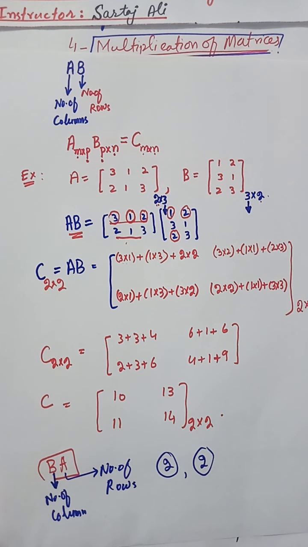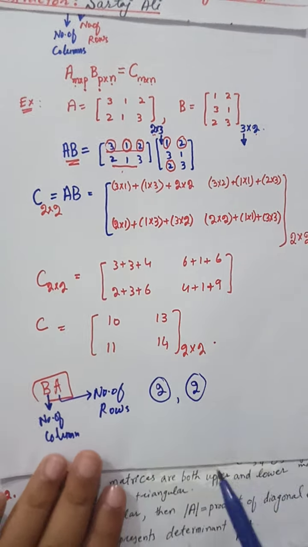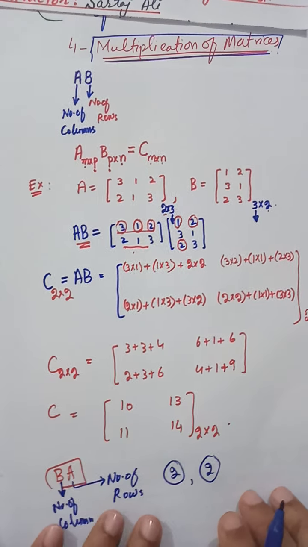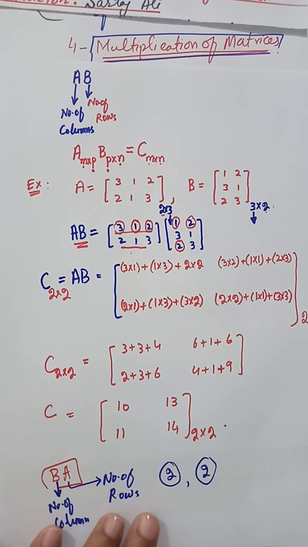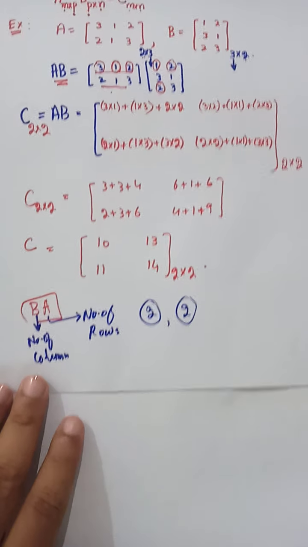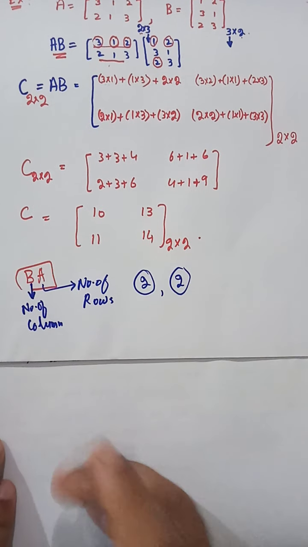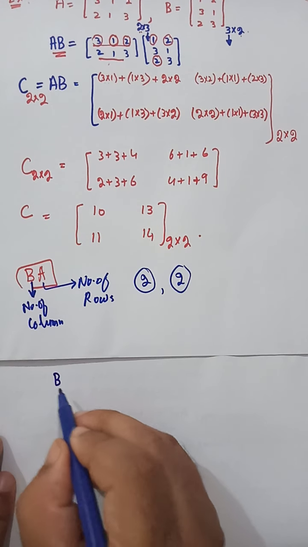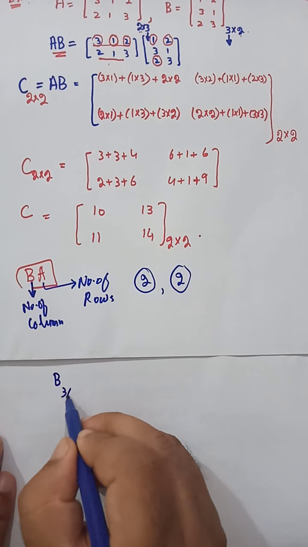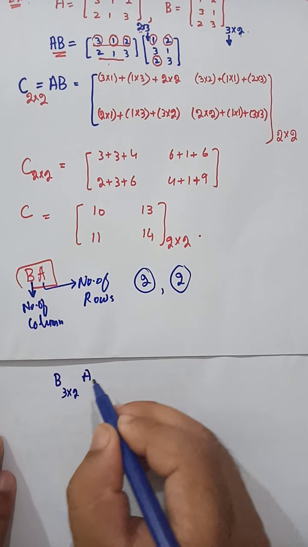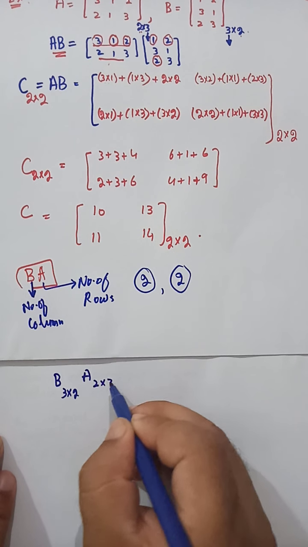So this product is also possible. So here B is of order 3 by 2 and A is of order 2 by 3.